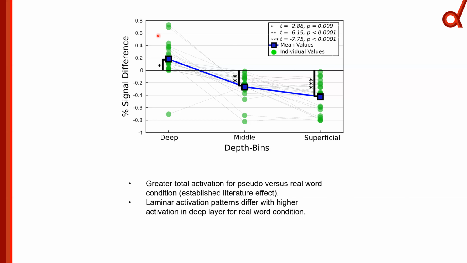The whole region is defined already in the language literature by having a greater activation for pseudo words than for real words. And the first thing we found, which was kind of sticking out, was yes, it's true, but only when you average over all three layers. Actually, the deeper layer is showing the reverse contrast. So this was already something novel.